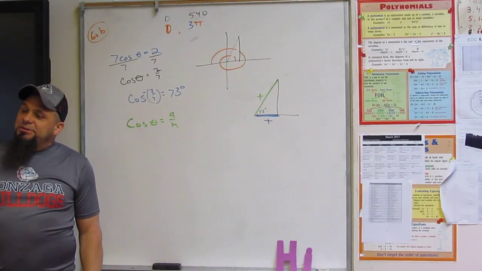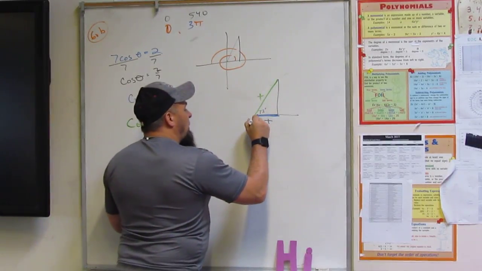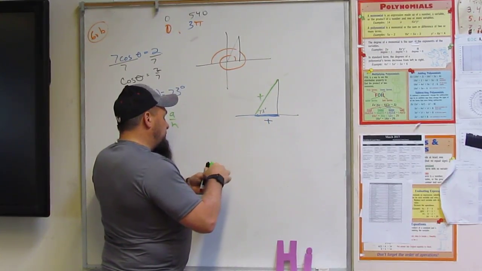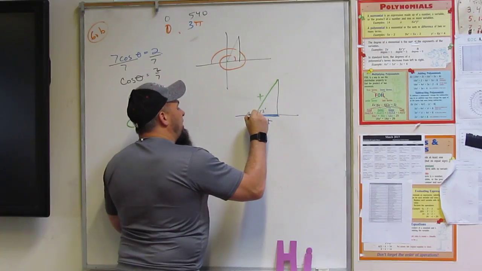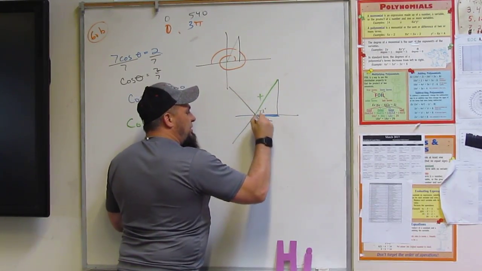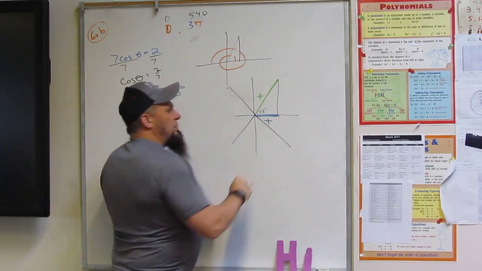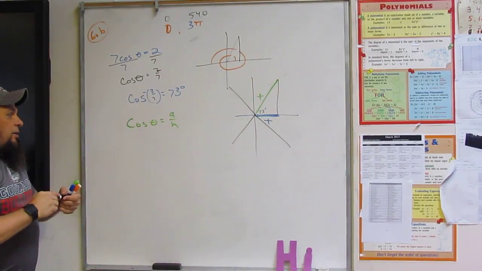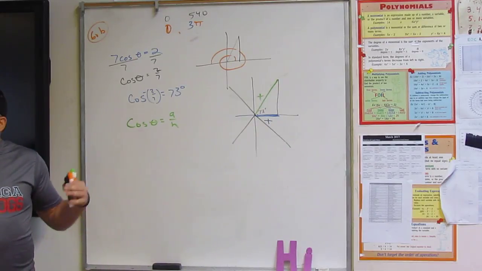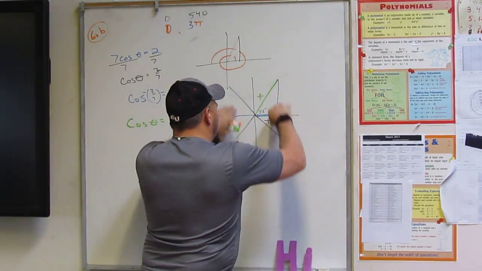But what could we also have? Let's think about that. So we have this. We could also have this one, and this one. Those are all 73 degrees from here.